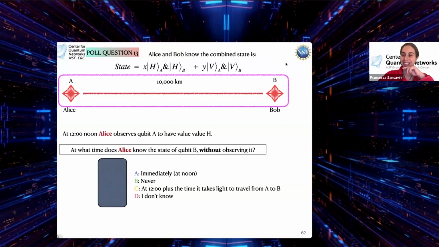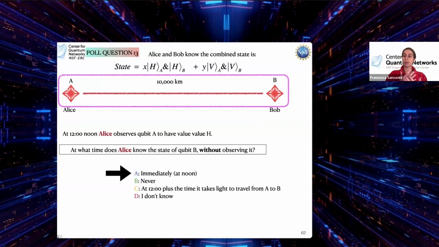And let's give at least 15, 20 seconds to this one. Okay, you can put up the results, thank you, Alicia. We have a lot of people that said at noon. 20% said at noon plus the time it takes light to travel from A to B. And the correct answer was immediately. So again, this is analogous to what we saw before with the switches. We have HH plus VV. We do not have cross terms.